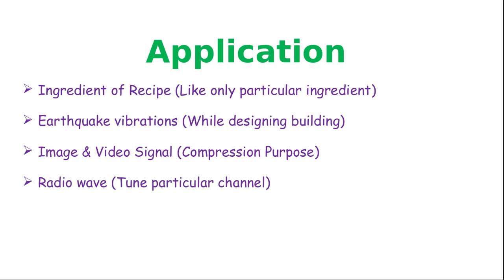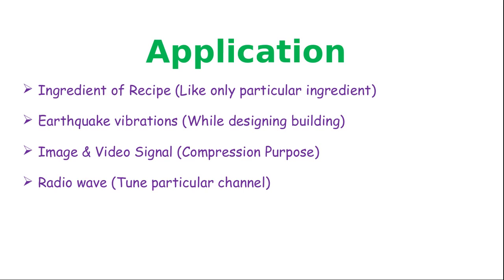Radio waves. Every time we open the radio, we have to tune the channel. Why do we need to tune the channel? Because once we open our receiver, it receives a huge number of signals directly to our antenna, but we want to hear only a particular channel.